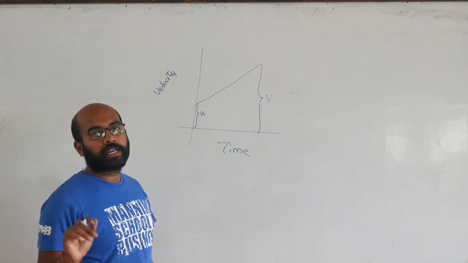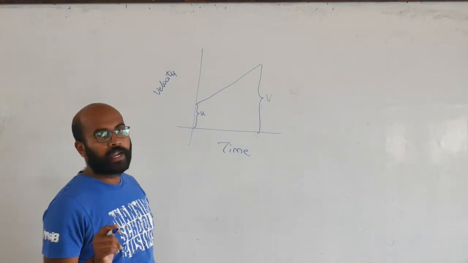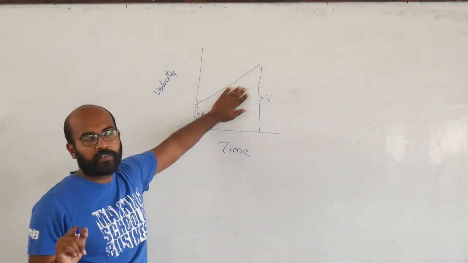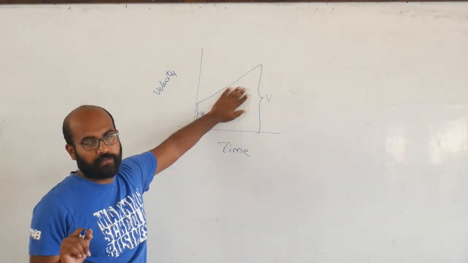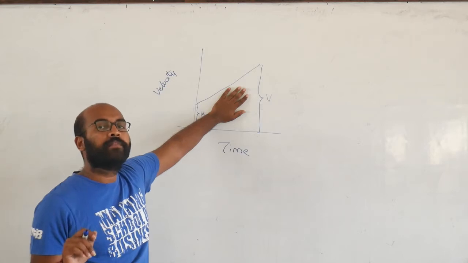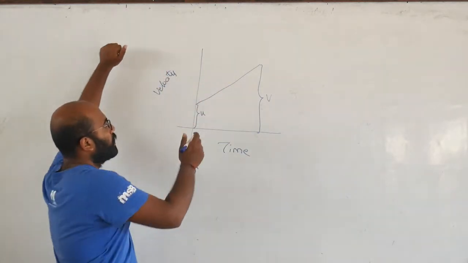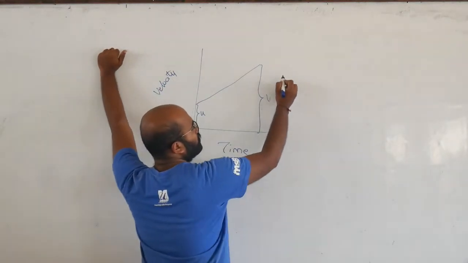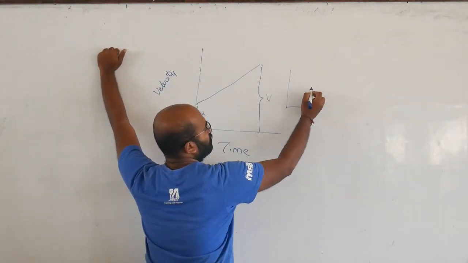So in the earlier video, we had seen how to find the area under this graph using the formula, that is area of trapezium. Now we'll see one more way.